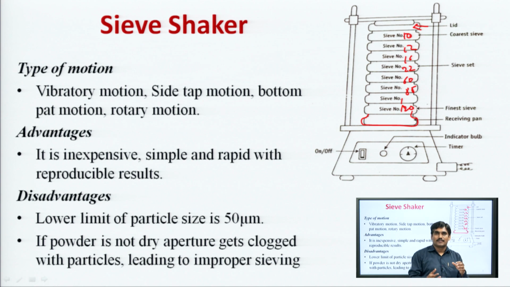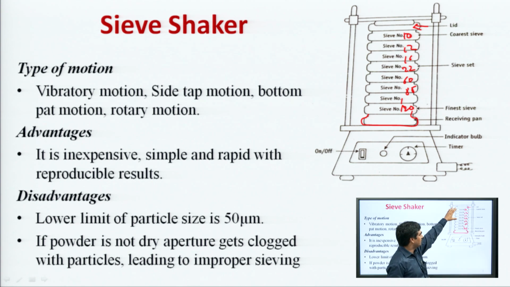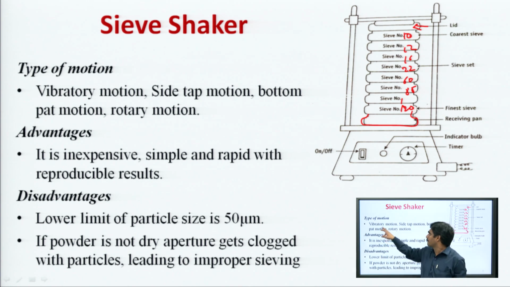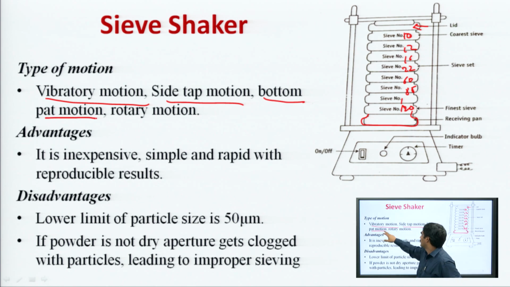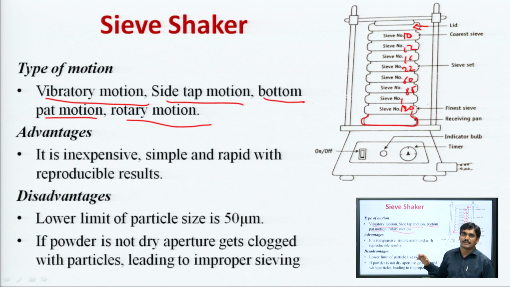As the material is kept on the top position, we have to apply vibratory motion, or we can say agitation. Agitation can be done by vibratory motion, side tap motion, bottom pat motion or rotary motion. These are the different types of motions applied in this sieve shaker apparatus.